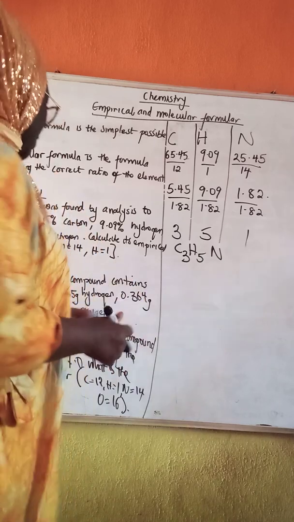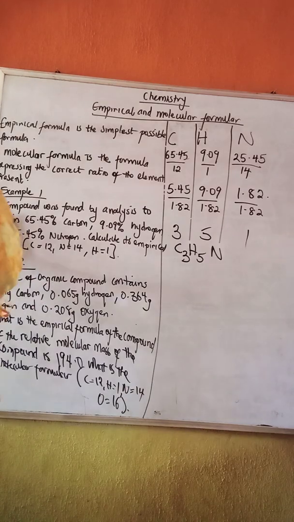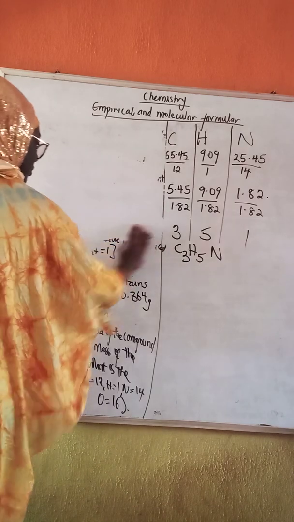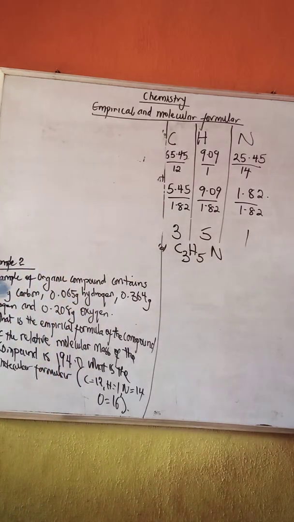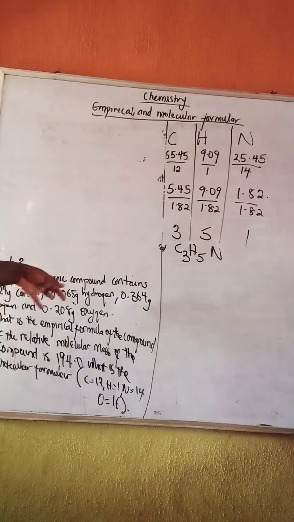Is that taken? Okay, I will have to rub this off for this second part. So now let's look at this. A sample of organic compound contains 0.624 gram of carbon, 0.065 gram of hydrogen, 0.364 gram of nitrogen and 0.208 gram of oxygen.